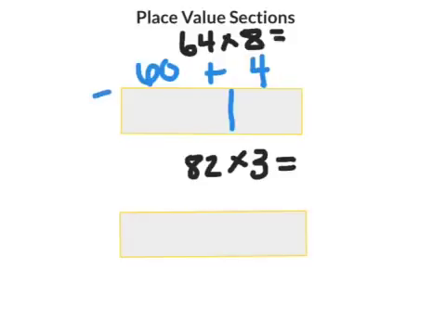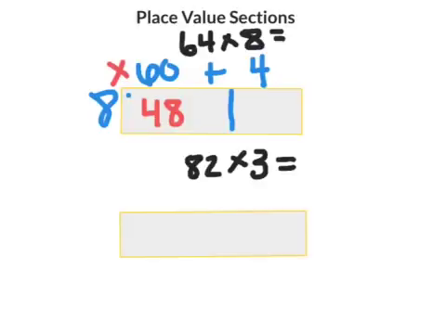And then on this other side, we're going to put an 8. So in this box right here, we are going to do 60 times 8. So we know 6 times 8 is 48, but we have a 0 right here, so we're going to put a 0. So 60 times 8 is 480.